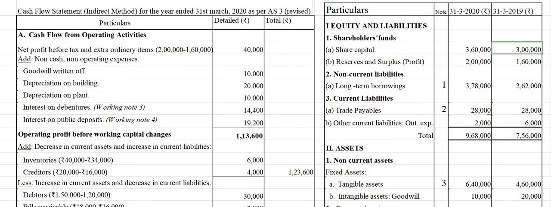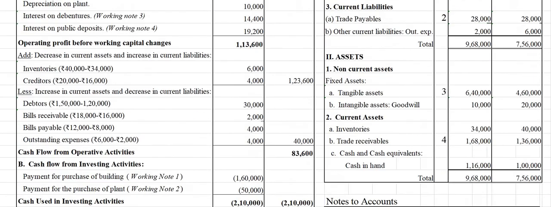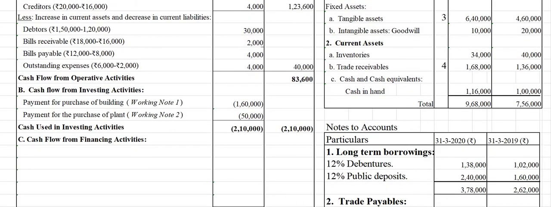Last year it was 3 lakh, now it became 3,60,000. What does it show? 60,000 increase. How did it increase? Yes, by issue of shares. So in the current year shares were issued and money received from the issue of shares. So we can write here proceeds from issue of equity shares 60,000.